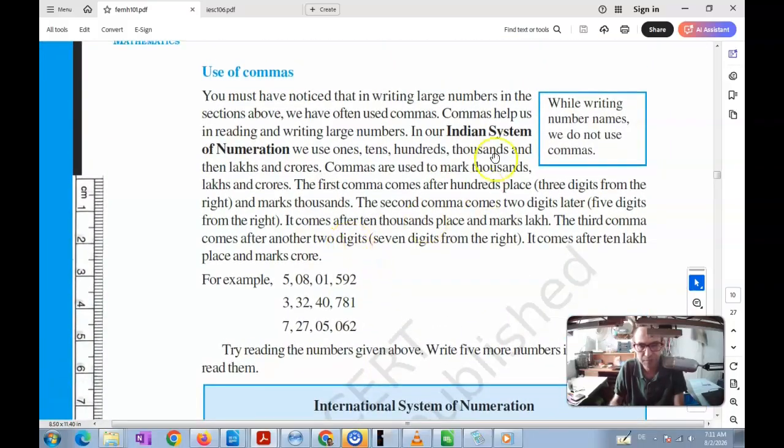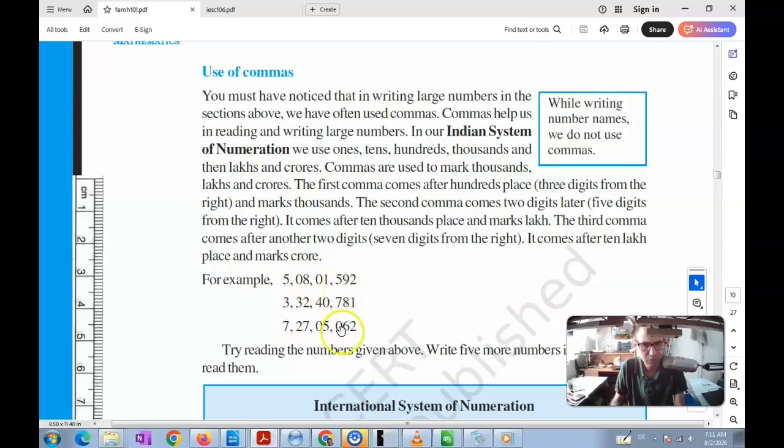And this is about the Indian system of numeration, which is essentially the way that the commas are used in a number. So you have 592. So the first 3 digits, and then one comma, 2 digits, another comma, 2 digits, another comma, and so on and so forth.